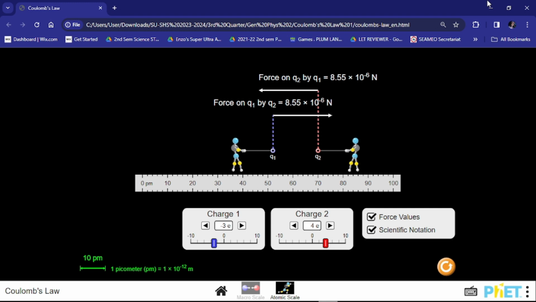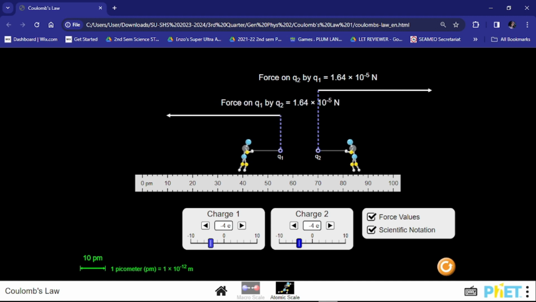It says that in every action, there is always an equal but opposite reaction. So as you can see, they are both equal, but the directions of the arrows are opposite of one another.